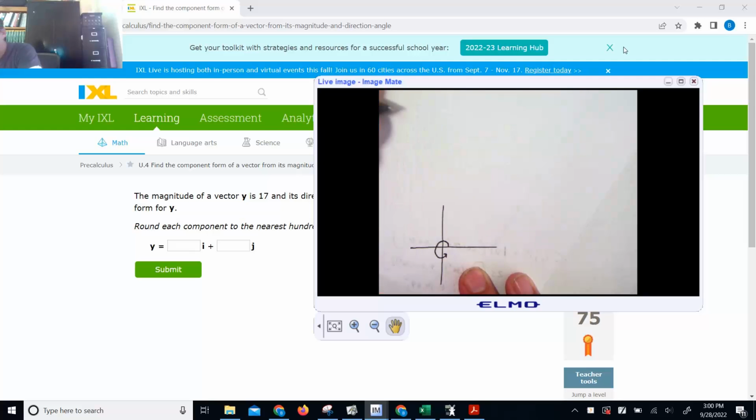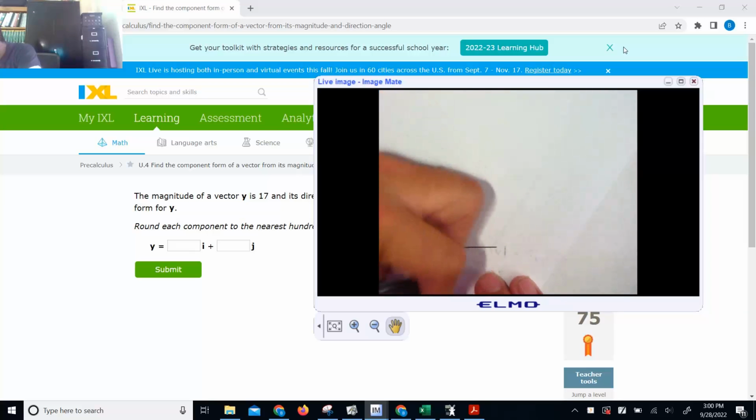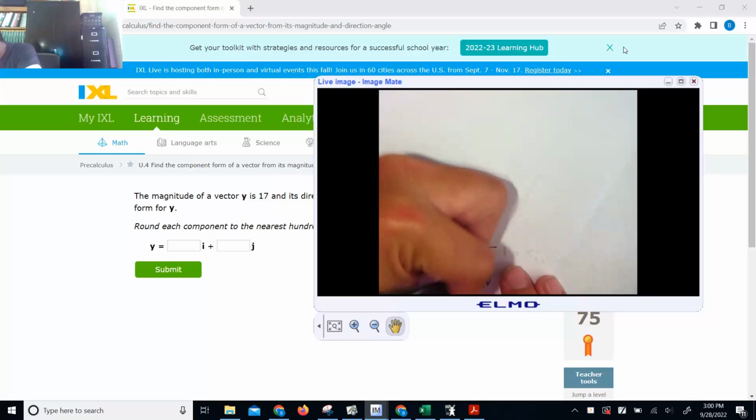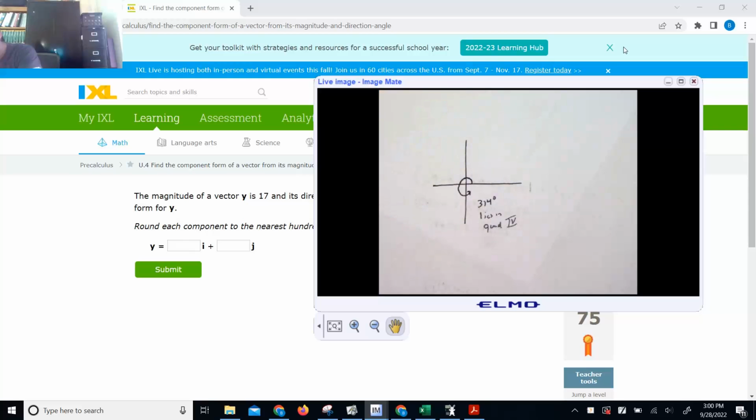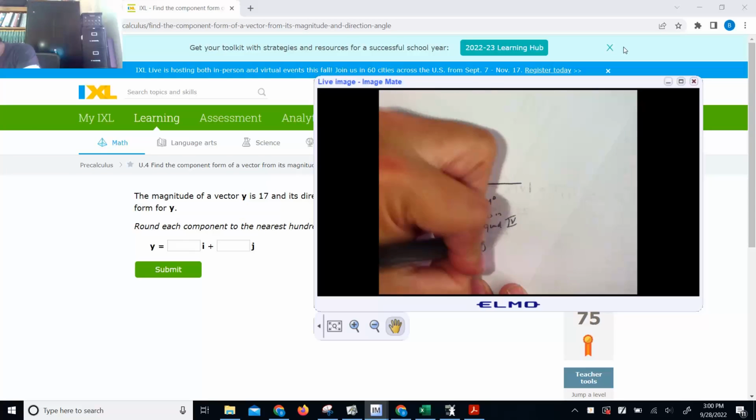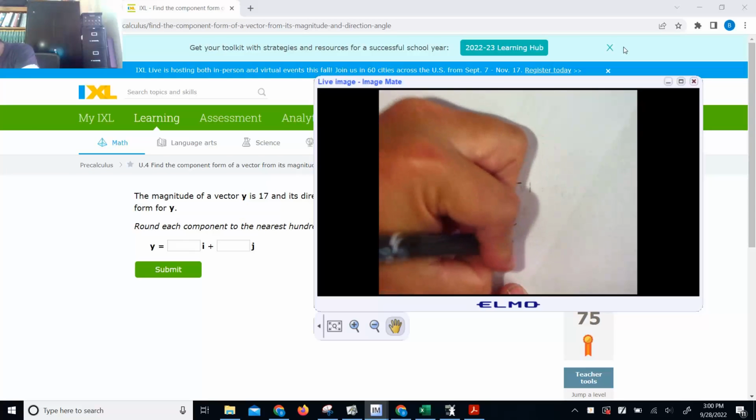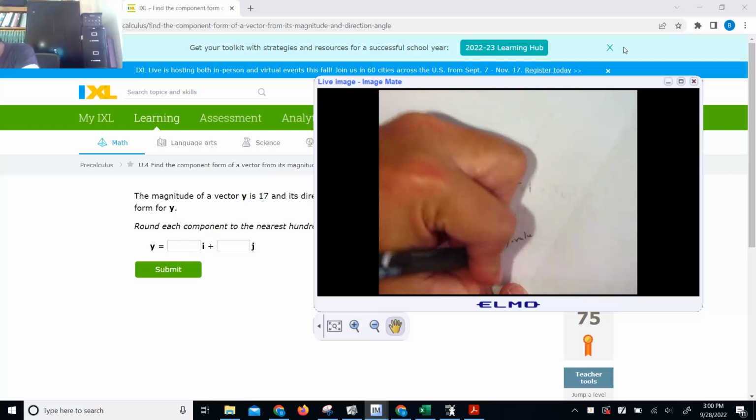You're going to end up at 314 degrees rotation in quadrant 4. 314 degrees lies in quadrant 4. So your j value or y value better be negative.